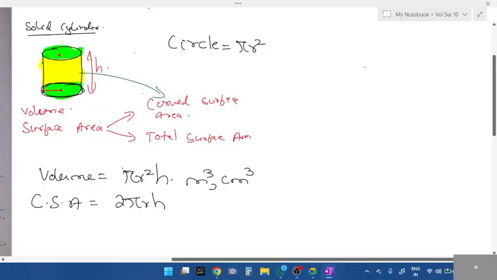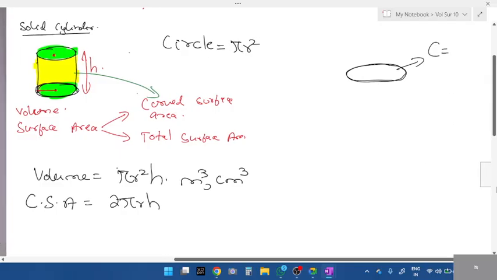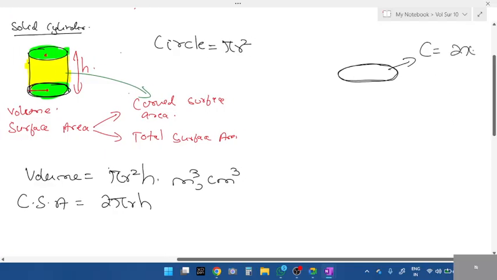A cylinder is made up of multiple discs. This is a round circle. The circumference formula for this is 2 pi r. Area formula for this circle is pi r square. If you want to convert this circle into a cylinder, I'm going to add multiple circles like this. Look, multiple circles.